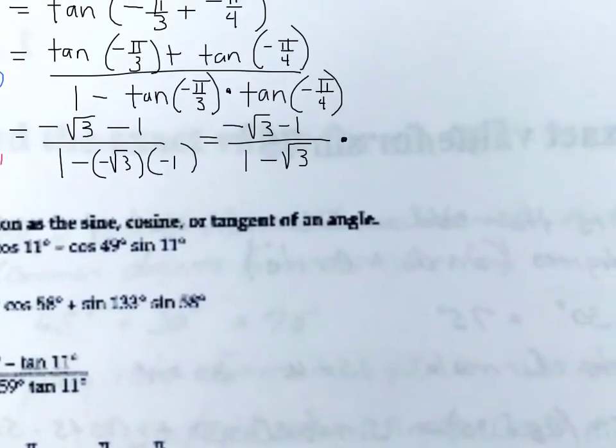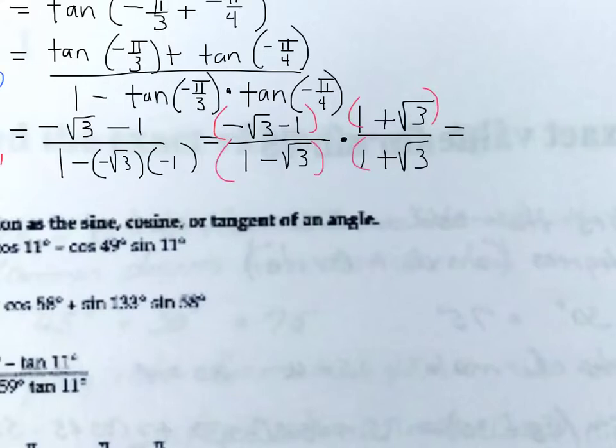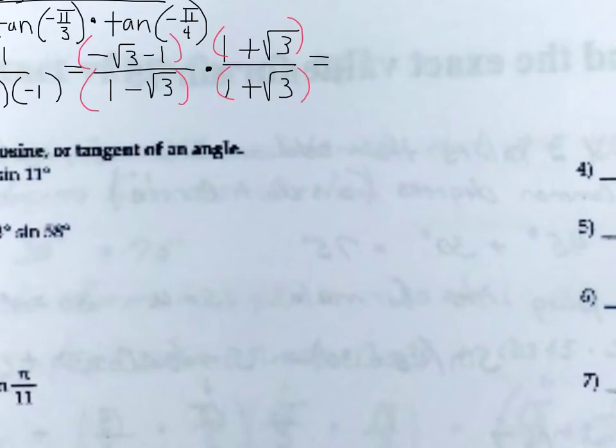So multiply by the conjugate, 1 plus square root of 3, over 1 plus square root of 3. And then you use the FOIL method. Negative square root of 3 times 1 is negative square root of 3.